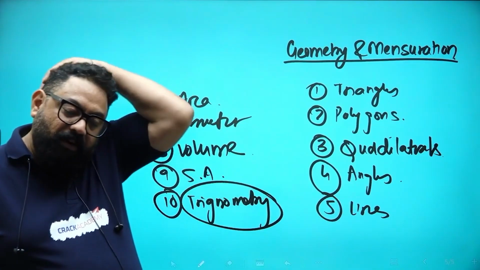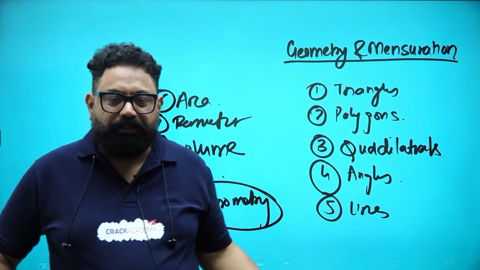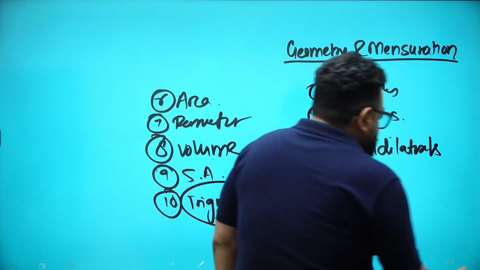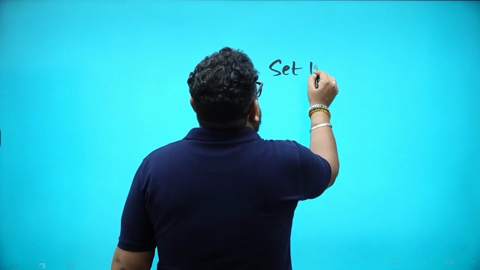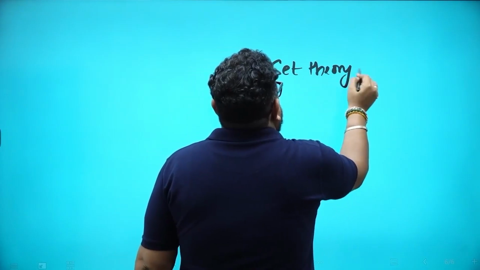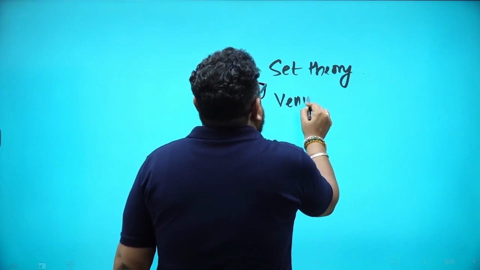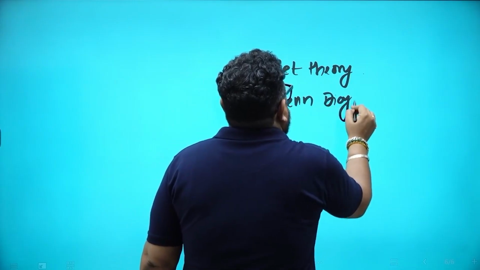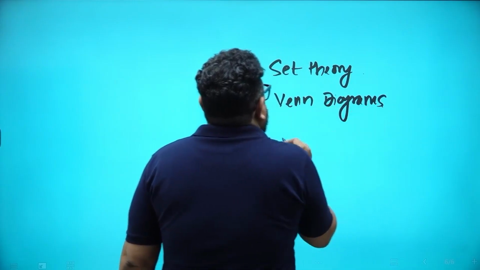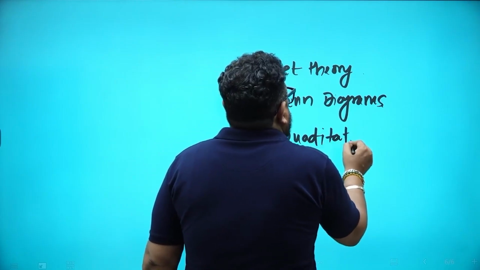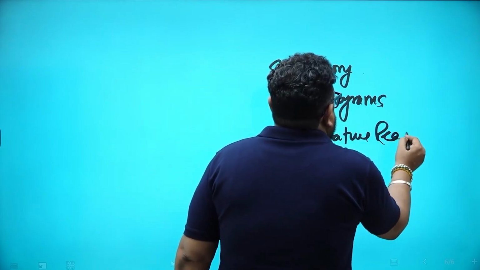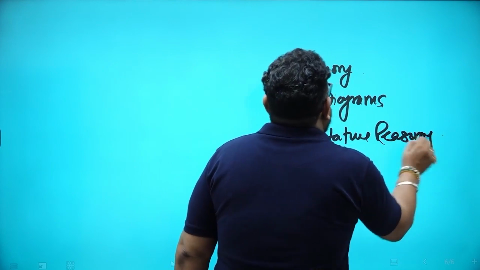So we cannot define quantitative aptitude without this. Other than this, we are also going to talk about set theory, Venn diagrams, and quantitative reasoning.